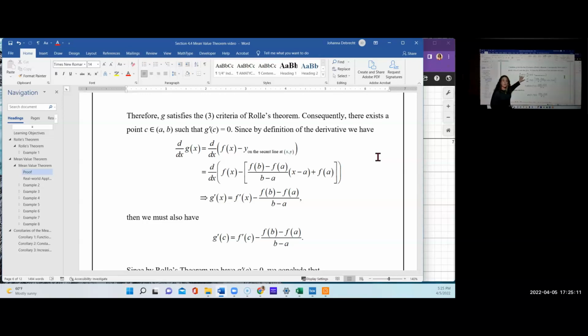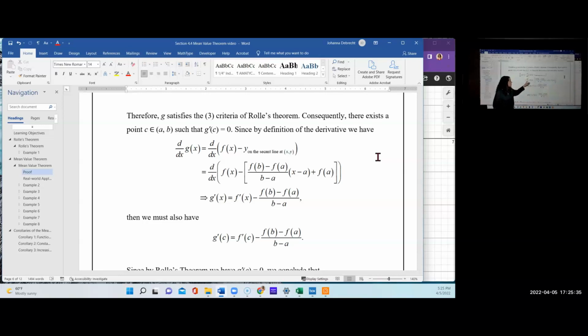So I need to take the derivative of g of x. g of x is defined to be the function minus y on the secant line. And the y expression is everything that you see here in the square brackets, just like it was above. So we have f of x minus all of this, which represents the secant line equation.